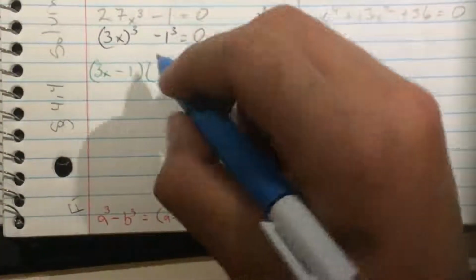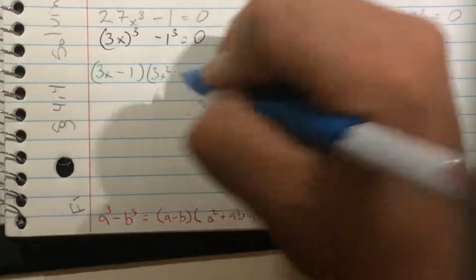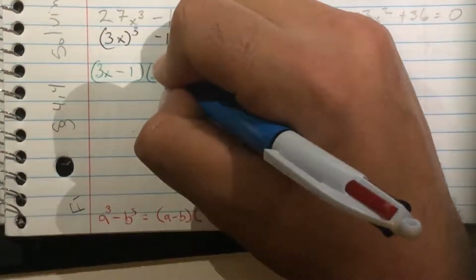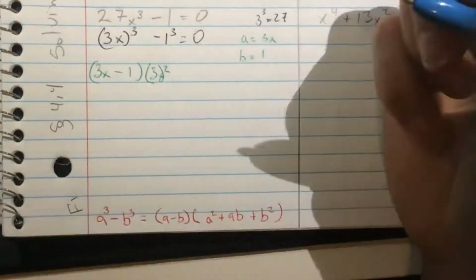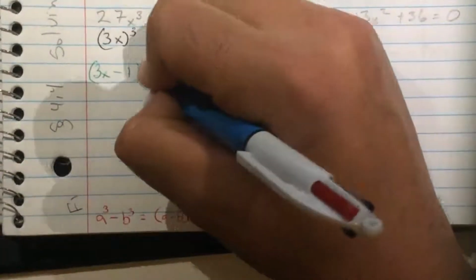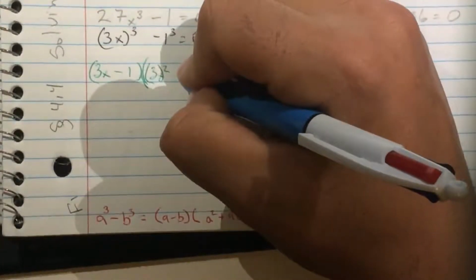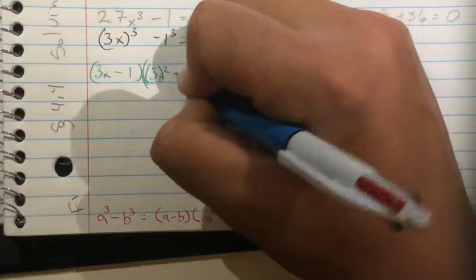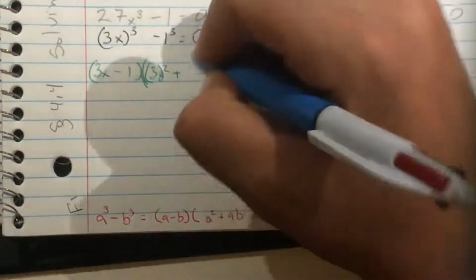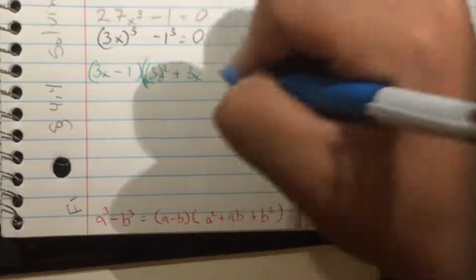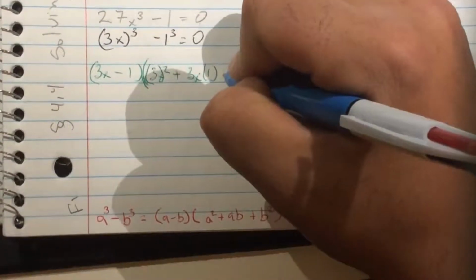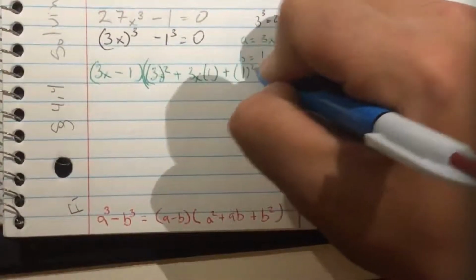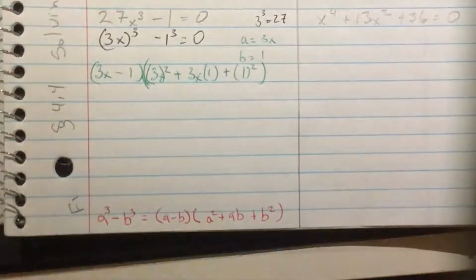times our a squared. So it'll be 3x squared, in parentheses here. So it's parentheses for this and parentheses squared here, plus our a times our b, which is 3x times 1, plus our b squared, which is 1 squared, and then we close the big parentheses.